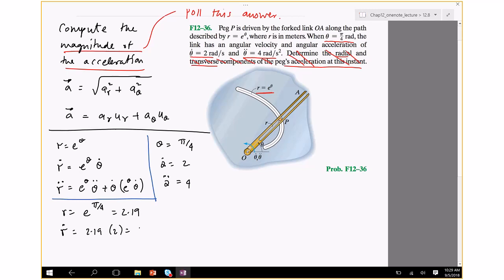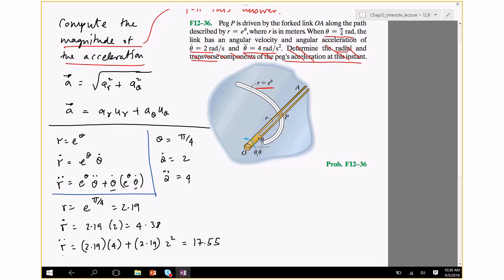That's 4.38. And R double dot is 2.19 times theta double dot, which is 4, plus e^theta, which is 2.19, and then theta dot times theta dot is theta dot squared, so 2 squared. So this comes out to be times 8, so 17.55. Is that right?